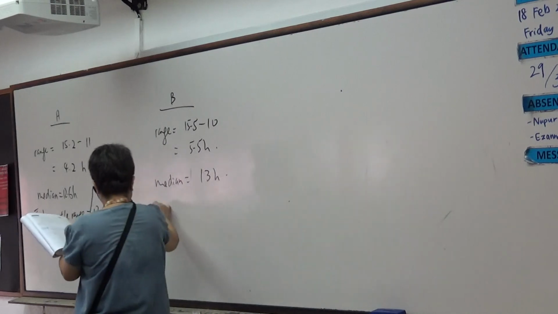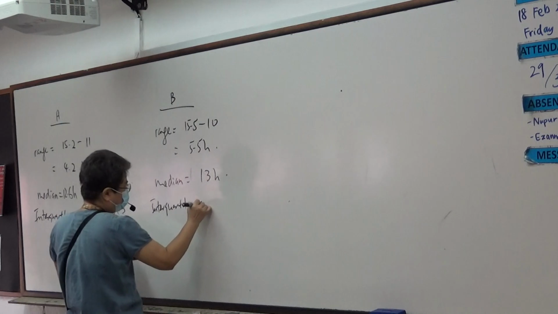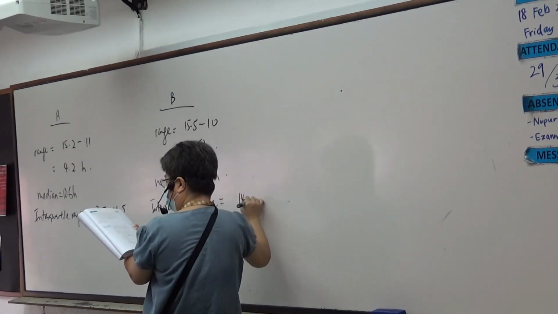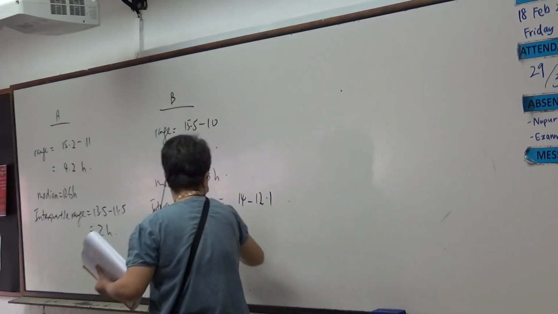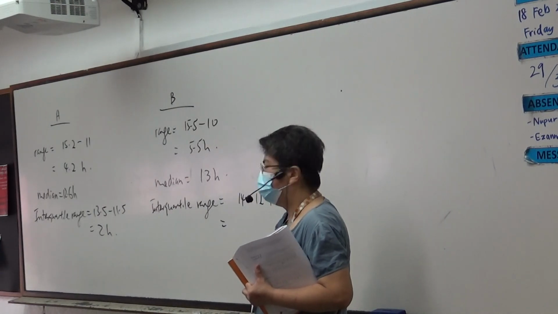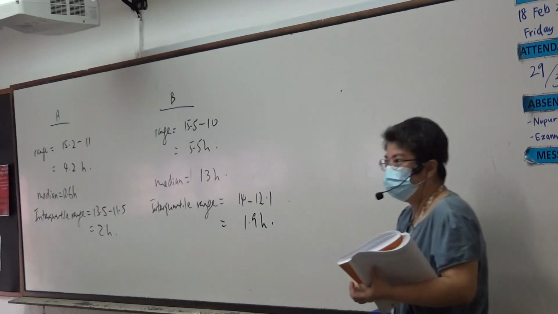Correct. Now what is the interquartile range? Read carefully. 14 minus what? 12.1. So the answer is 1.9 hours. Am I right to say that?